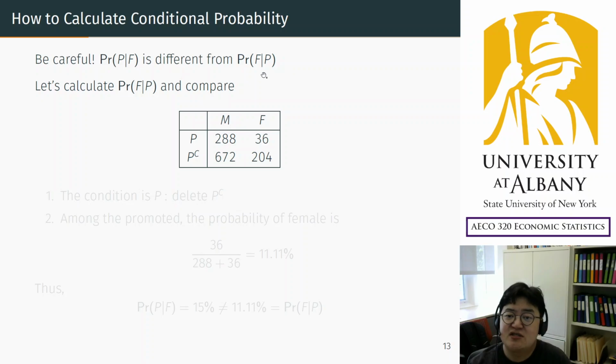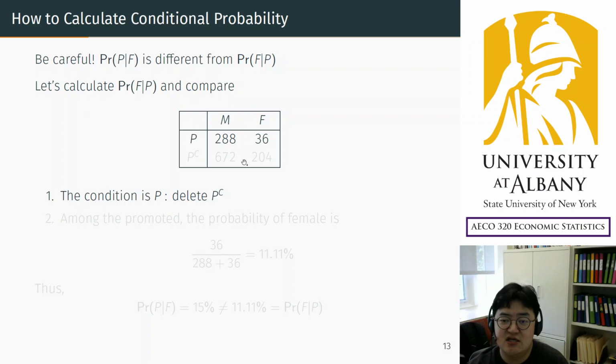But let's just see what happens if you mistakenly change the notation, the order, switch the places. Then now P becomes the condition. That means we are going to use the upper row only. Delete these guys because they are not promoted. They don't satisfy the condition. We are restricting our observations to those who are promoted according to this notation.